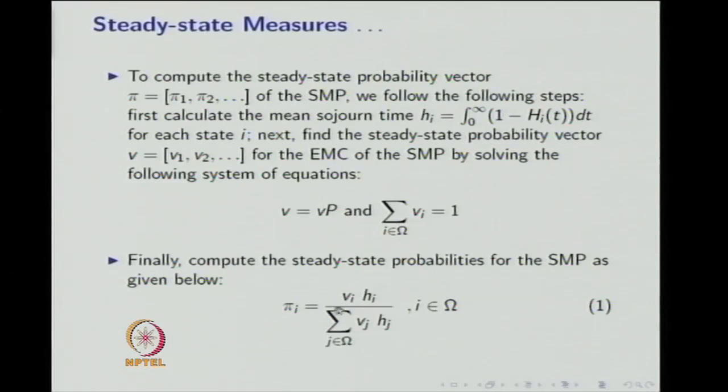That is nothing but V i multiplied by h i divided by the summation of all the V j h j, where j belongs to omega. The V i's are the steady state probability vector of the embedded Markov chain, and h i's are the mean sojourn times, and you will get the pi i's by using this formula.